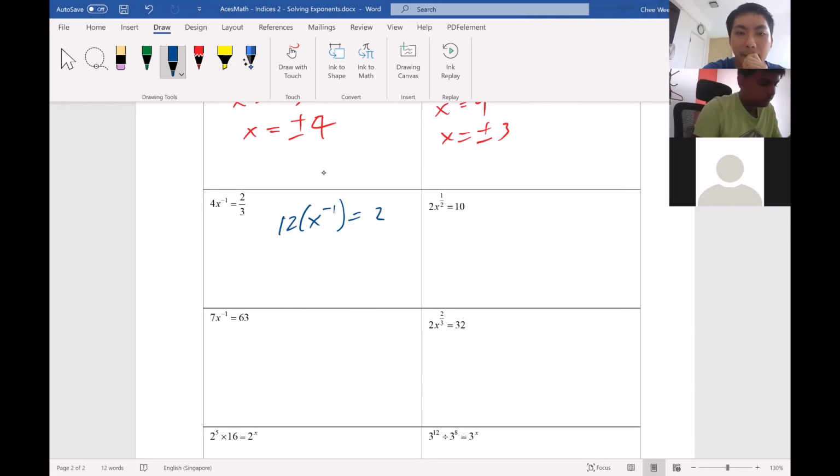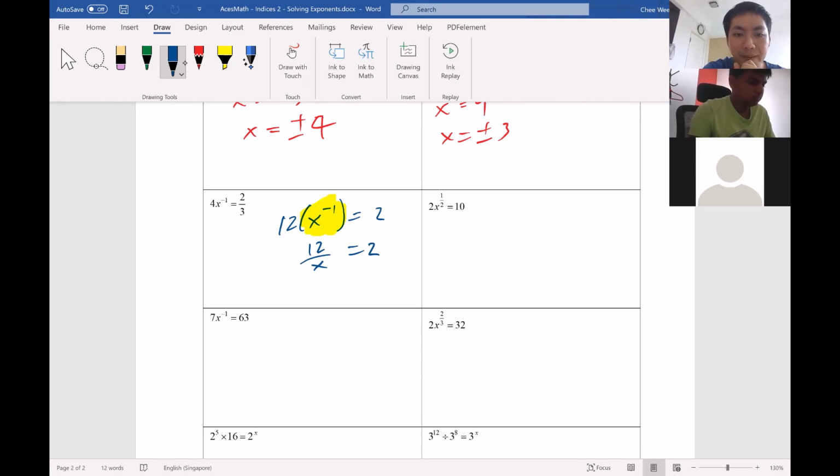And then the left side will become 1 over 12x. If you look at this, is the power -1 applicable to x or the entire 12x actually? x only. So it will become 12 over x equals 2.